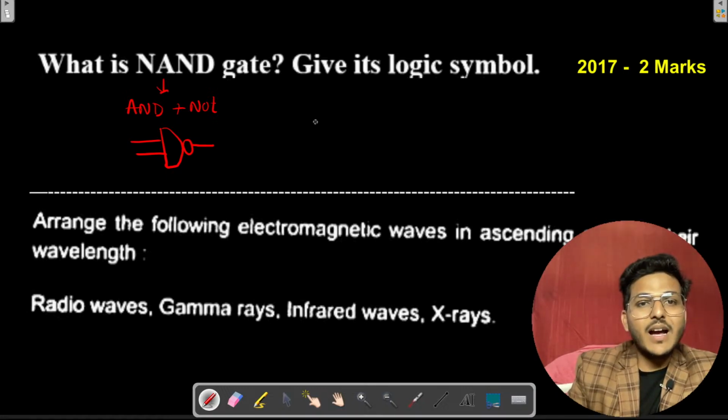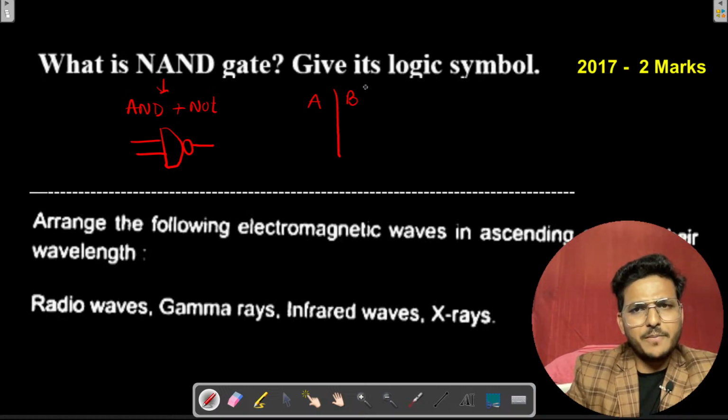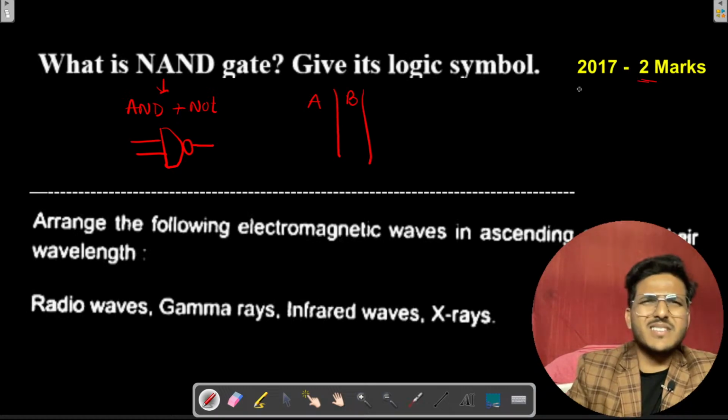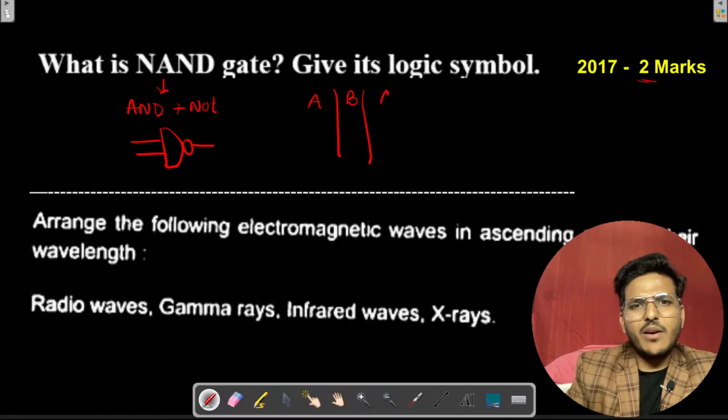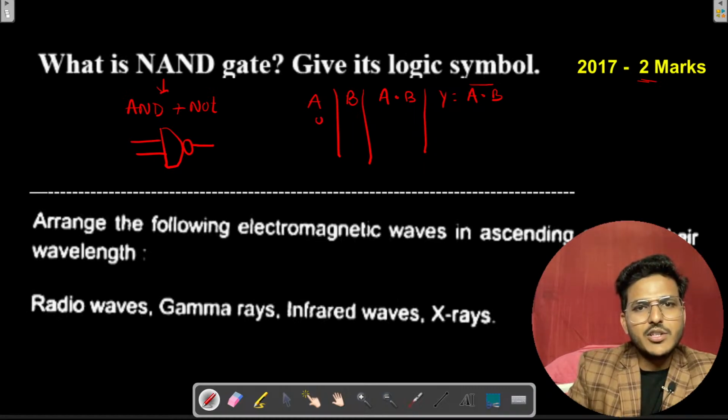If I'm talking about the truth table, I think it's not asked, it's about 2 marks, right? Then Y equals (A dot B) bar. The truth table is 0 0 1, 0 1 1, 1 0 1, 1 1 0.